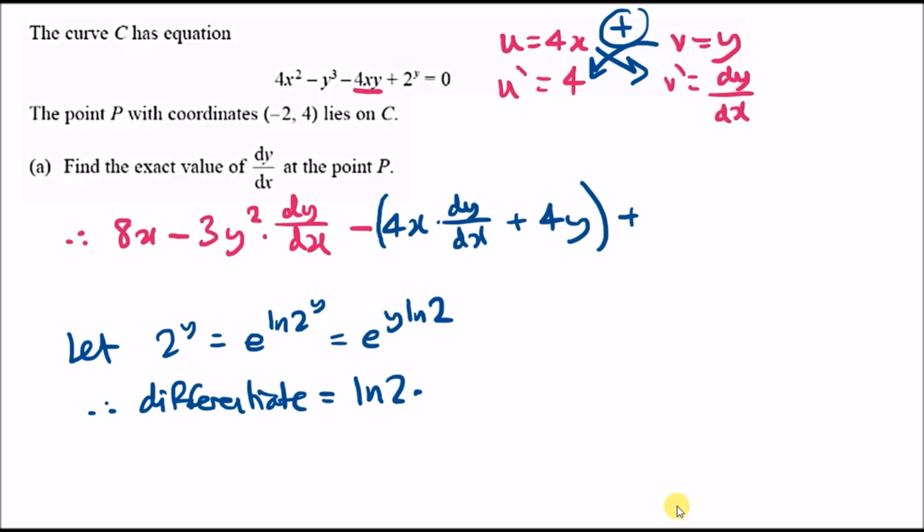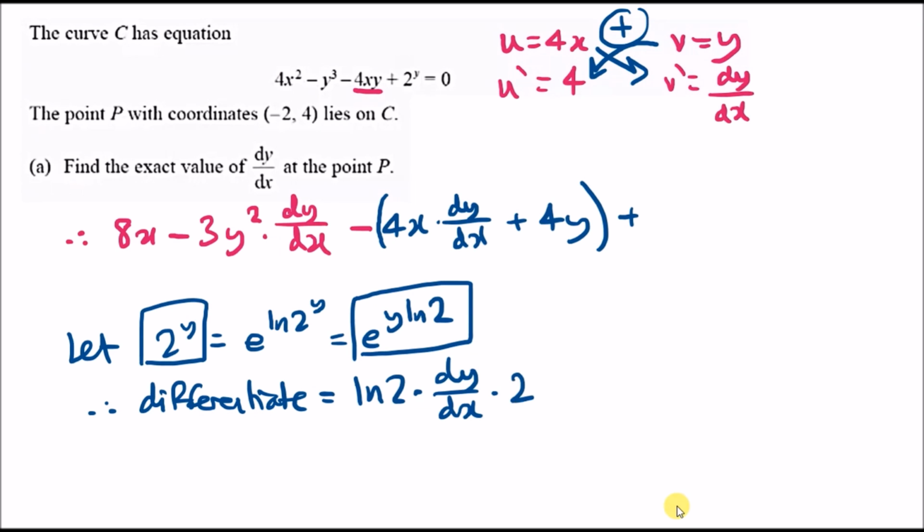And because you differentiate y, we multiply by dy over dx. And then we just copy the whole exponential, which we write back as 2 to the power y. So times 2 to the power y. Yes, it does look like a long, four-step procedure, but it's not too terrible.